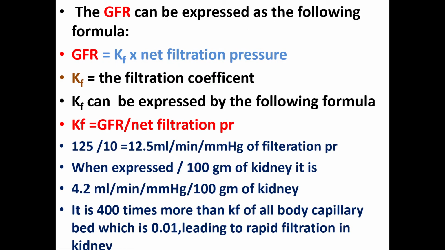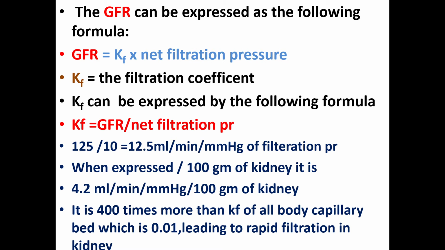Then GFR can be expressed by the following formula: GFR is equal to Kf multiplied by the net filtration pressure. What is meant by Kf? Kf is the filtration coefficient, and it can be expressed as GFR divided by the net filtration pressure. Now your GFR is 125 and your net filtration pressure is 10.